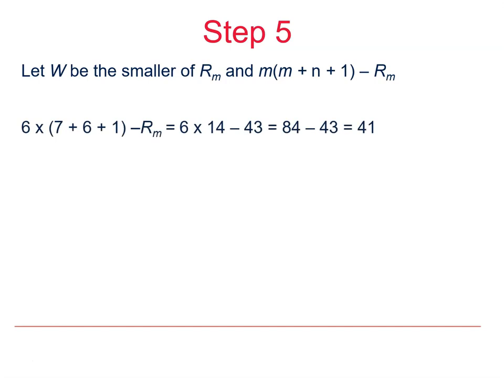So, for our example, m times (m plus n plus 1) is 6 multiplied by (7 plus 6 plus 1), which is 84, and we subtract Rm from that. We then choose the smaller of Rm and the value we've just calculated, 41, and so W in this case is 41.